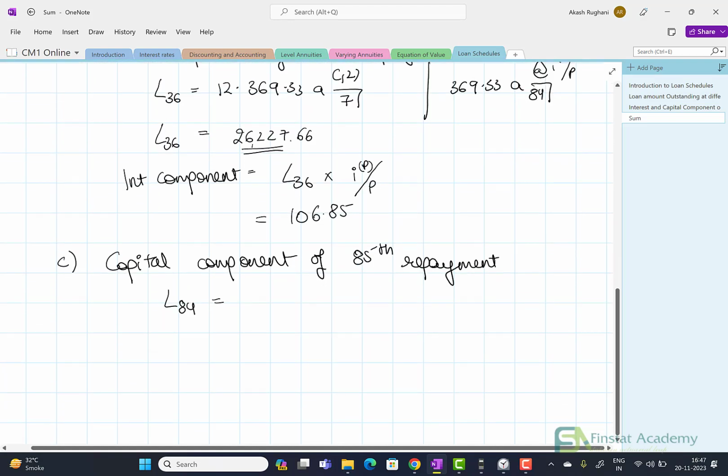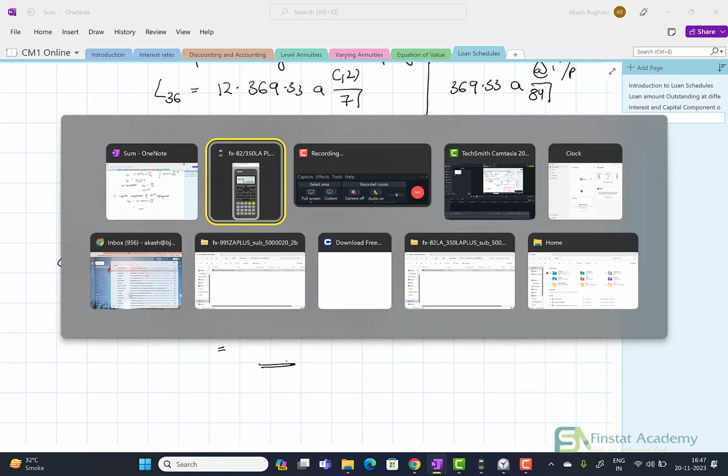If I'm looking at the prospective method, using it for 3 years, so 12 into 369.33, A, 3 years are left, payable monthly. Get my answer here. Yeah.